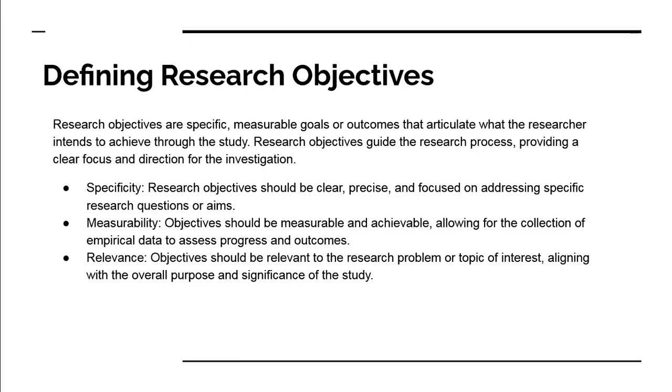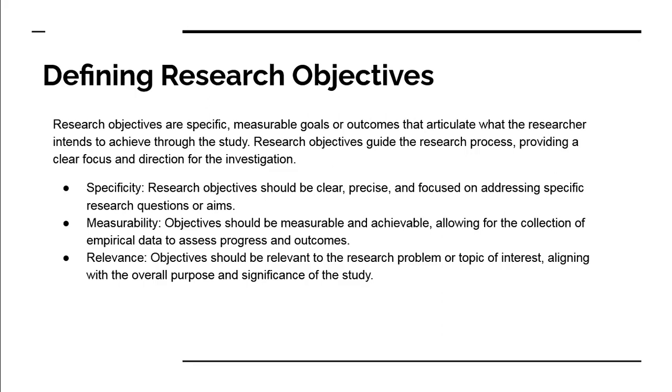So, what is the importance of defining research objectives? Research objectives are specific, measurable goals or outcomes that articulate what the researcher intends to achieve through the study. Research objectives guide the research process, providing a clear focus and direction for the investigation. There are three different objectives: specificity, measurability, and relevance.